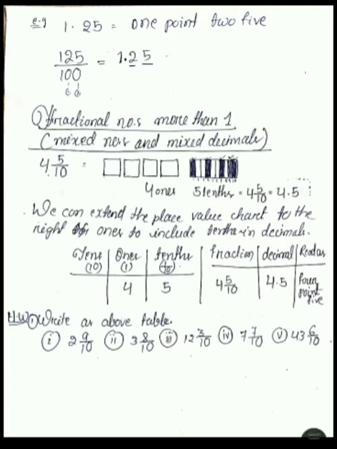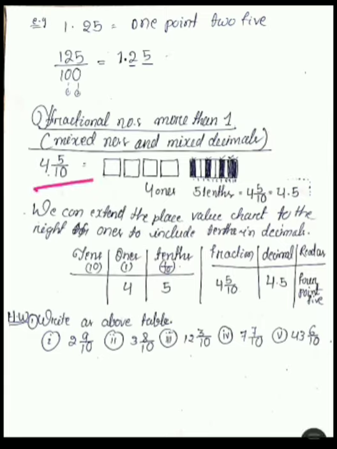Okay. Now students, just see, we can extend the place value chart to the right of ones. Okay. To the right of ones we can extend the chart including tenth in decimal. We have extended after ones, or after the decimal point, tenths. Okay. Now students, the same example, 4 whole 5 by 10.